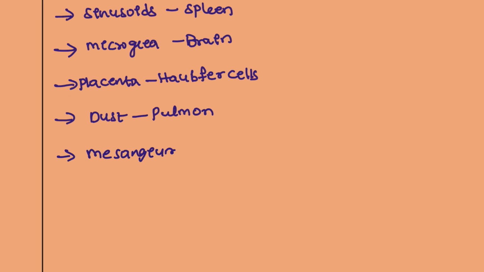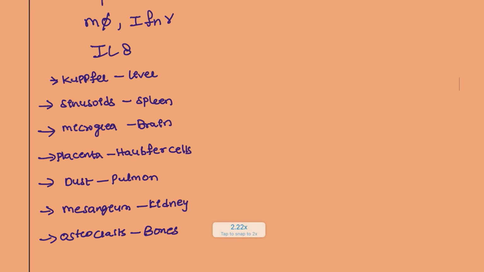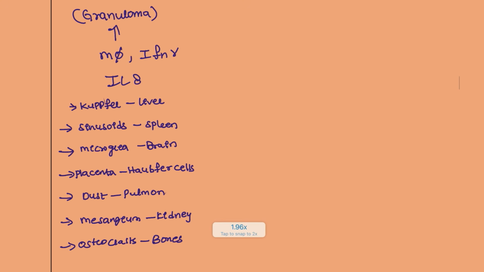You may have already heard of the mesangium that is seen in the kidney. Next, osteoclasts are seen in the bones. These are some of the macrophage formations in different organ systems.